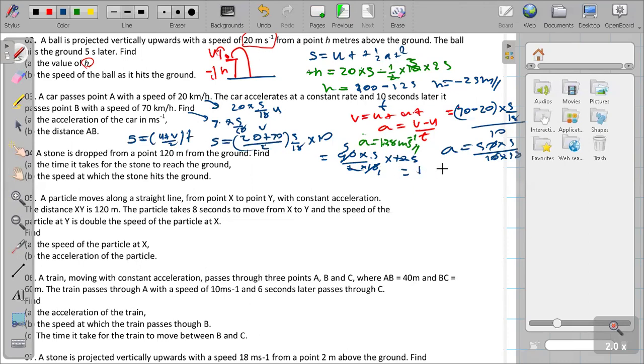S will be 125 meters. Did you get these two answers, Lamai? Yes, sir. Others? Yes, sir.